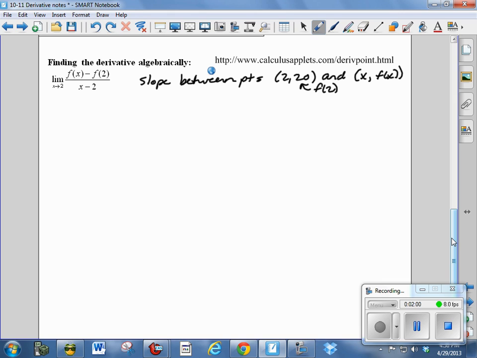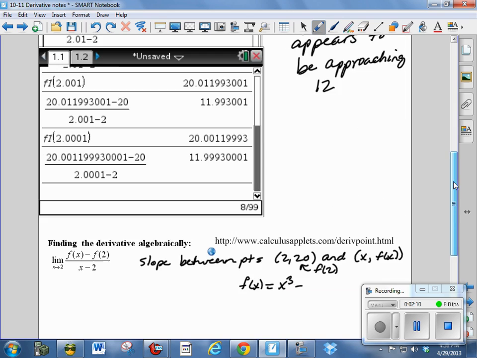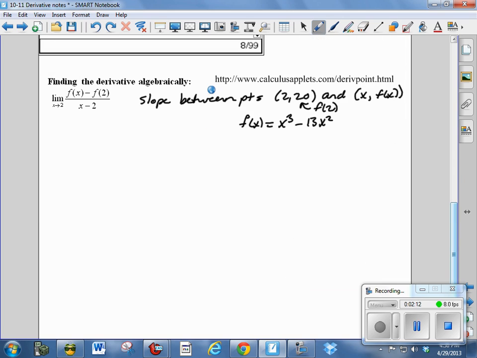Now, we know from above that f of x was equal to x cubed minus 13x squared plus 52x minus 40. So I'm going to substitute this value for the function in for f of x, and 20 is going to be substituted in for f of 2, because 20 is equal to f of 2.